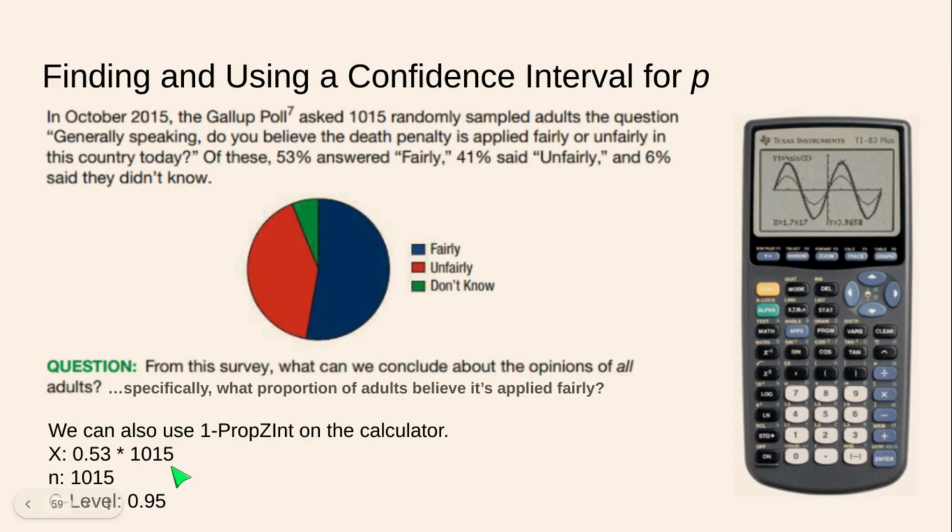Now, what is X? X is the number of successes. 53% of my sample said yes, the death penalty is administered fairly. So the number of successes is 53% of 1015. N is 1015. The confidence level is 0.95. So let's get over to the calculator.